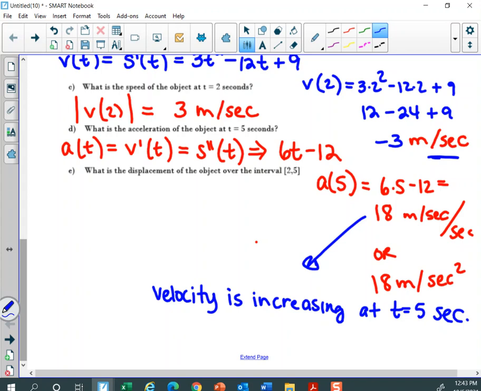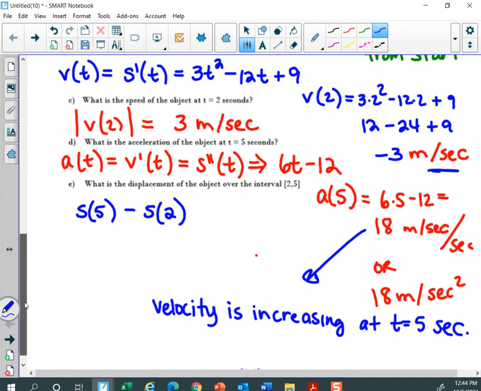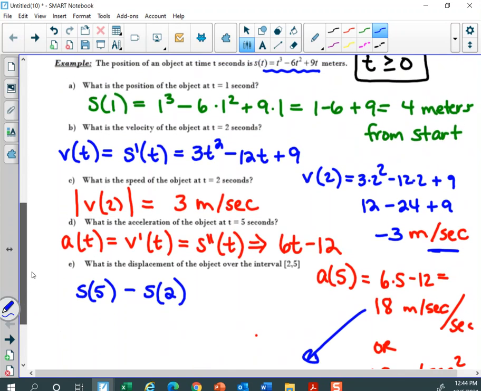And then displacement would be position at 5 minus position at 2. And I'm going to be very honest and say, yuck, I don't really feel like doing that right now. Oops, squared.